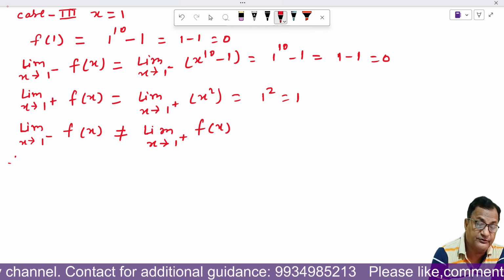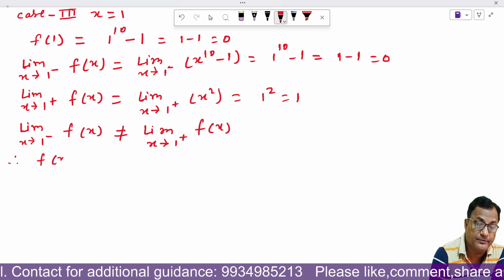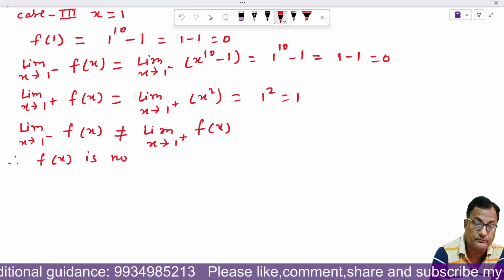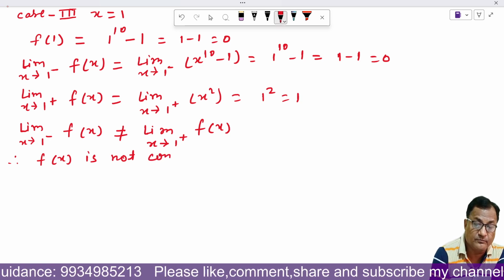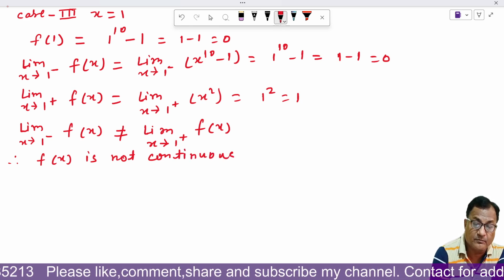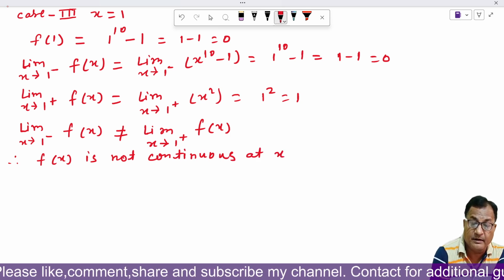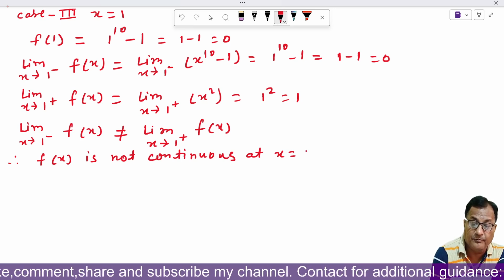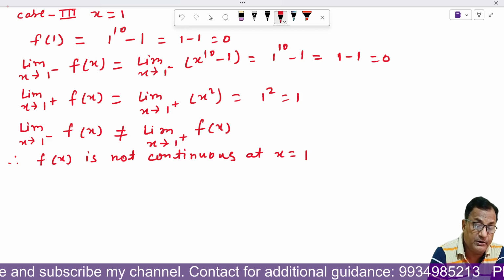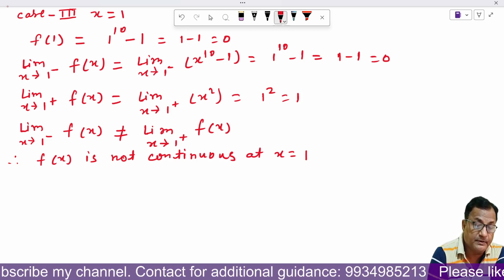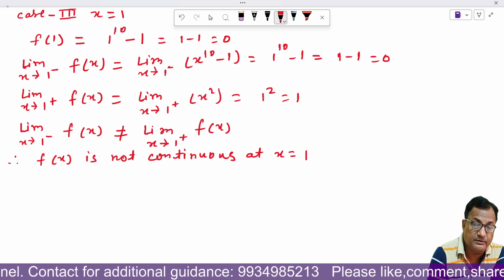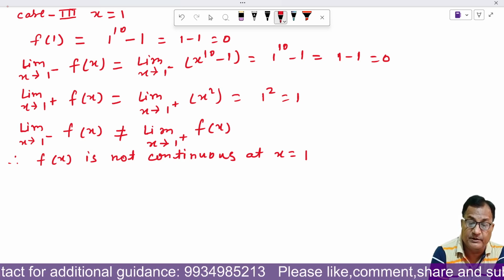So therefore f(x) is not continuous at x equal to 1. So f(x) is not continuous at 1, and this will be the answer.